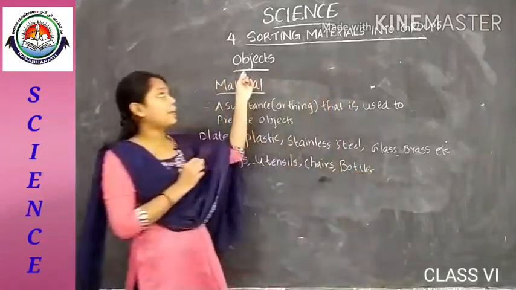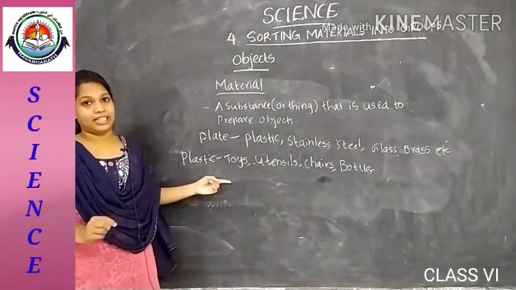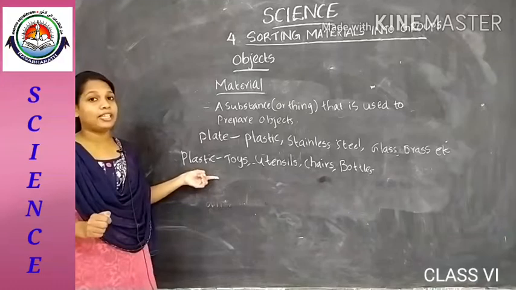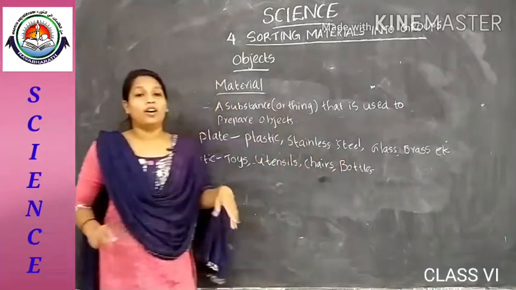So, different types of objects can be prepared from a single material. Plastic is the only material used to prepare these kinds of different objects.